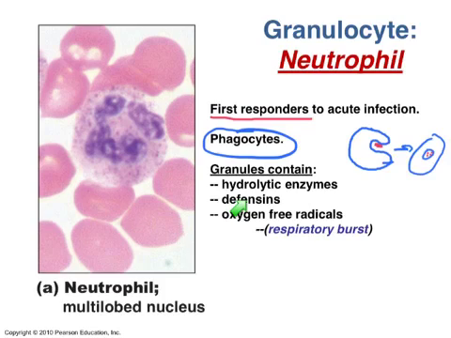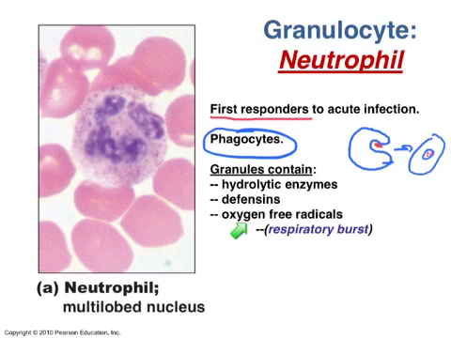They also have oxygen-free radicals. Oxygen-free radicals are highly reactive molecules that damage bacterial cells. They react with everything. They react with DNA, proteins, lipids, whatever you got. And they deactivate the molecules, killing the bacteria, right?